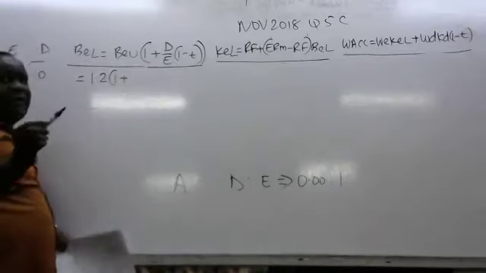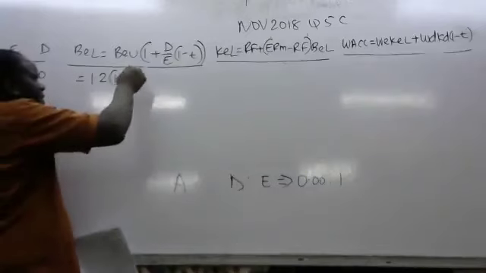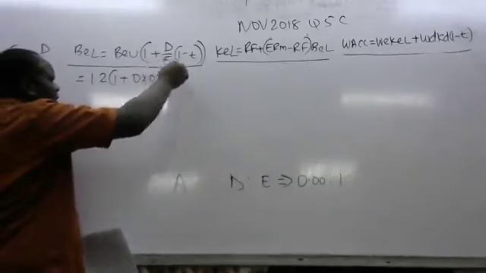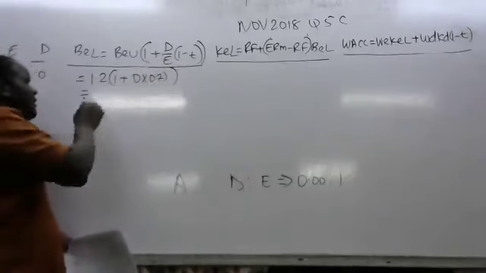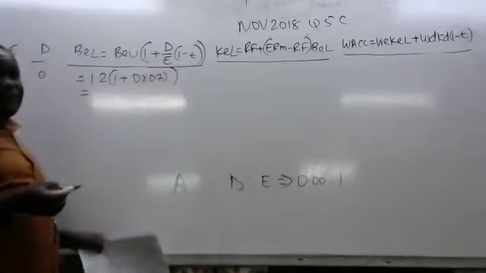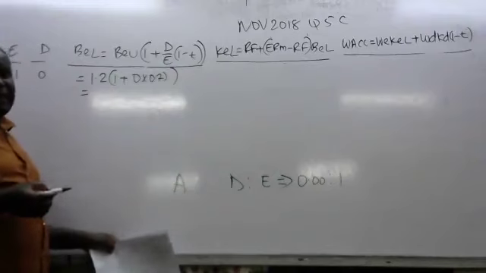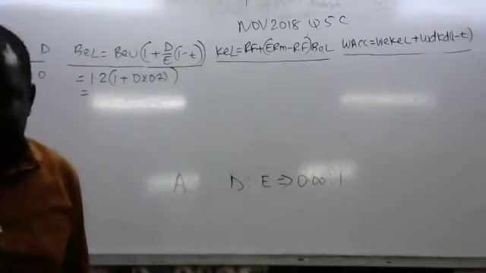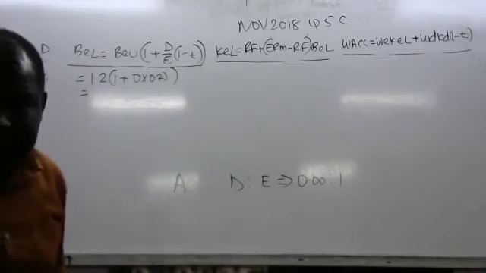They have given you that figure. It is 0, then multiplied by 0.7, like that. So this one will just remain 1.2.